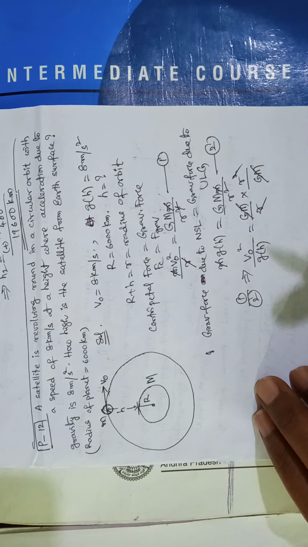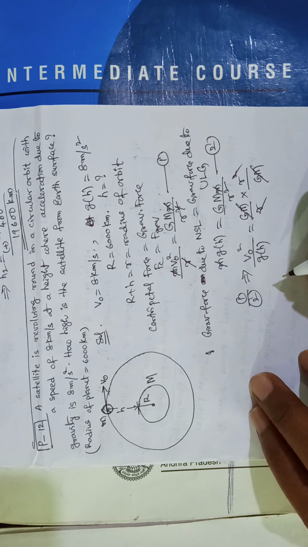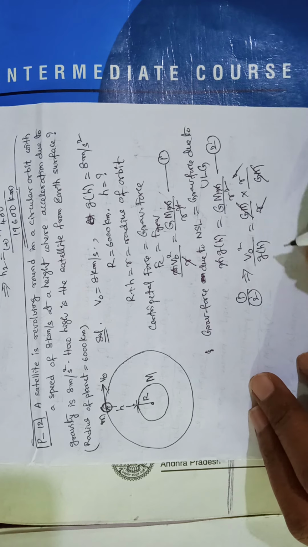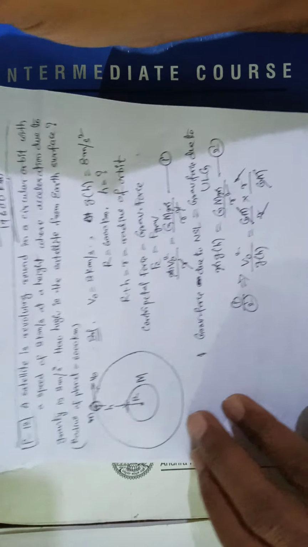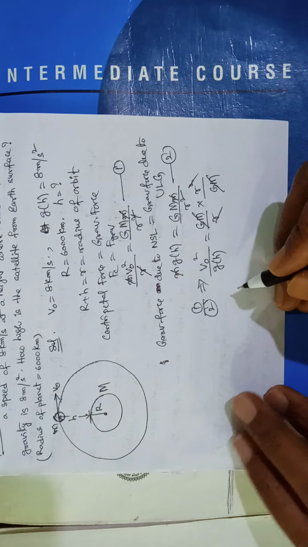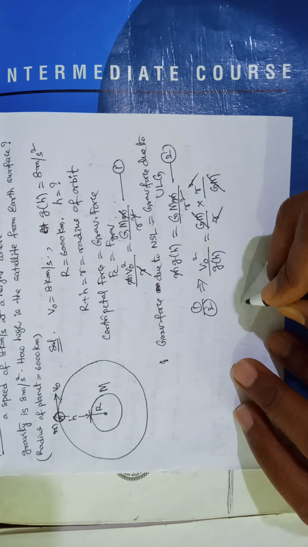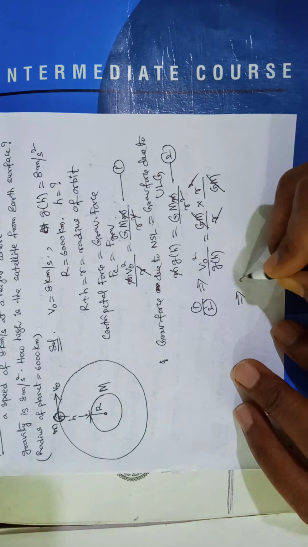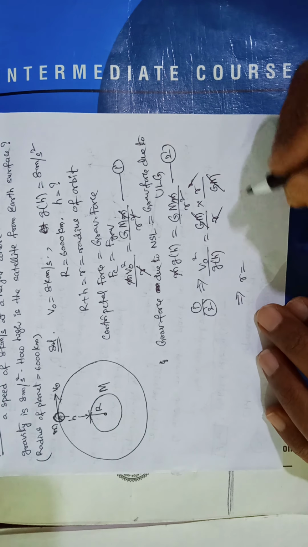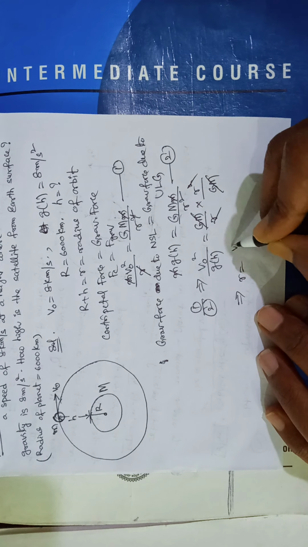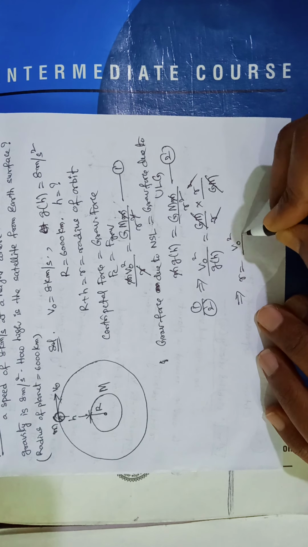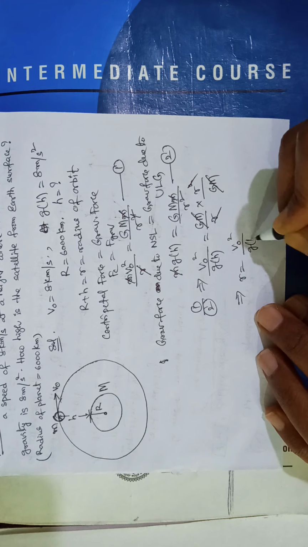So let us write in terms of r. Writing in terms of r, from this you have r is equal to v0 square by g of h.